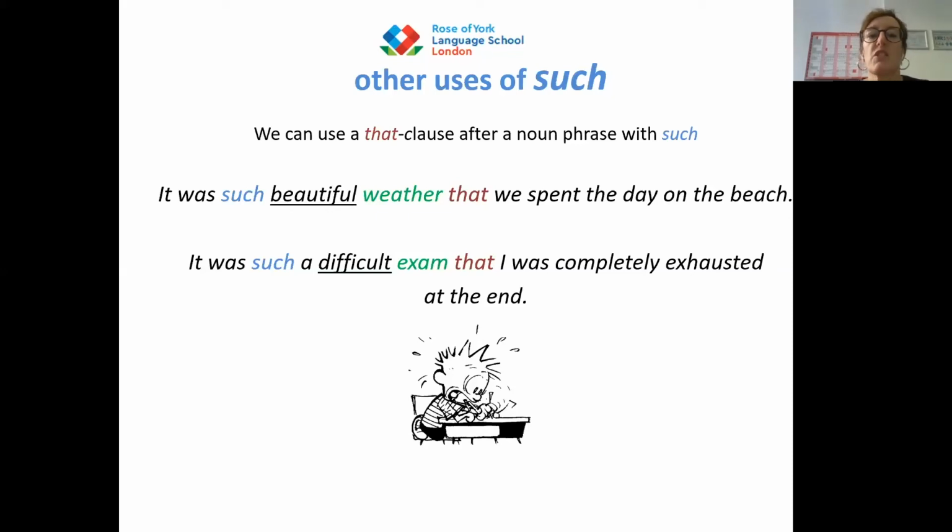It was such a difficult exam that I was completely exhausted at the end. So the reason why I was completely exhausted at the end of the exam is that the exam was difficult. And that is the why at the beginning of the sentence. It was such a difficult exam. And such is stressed.